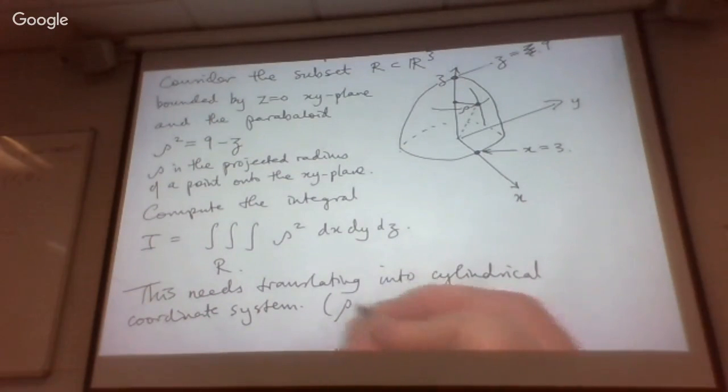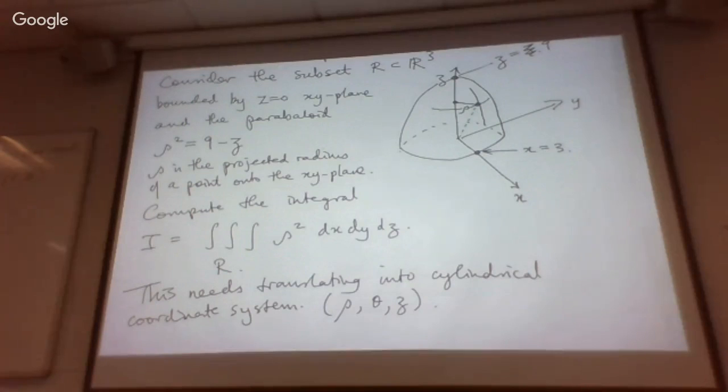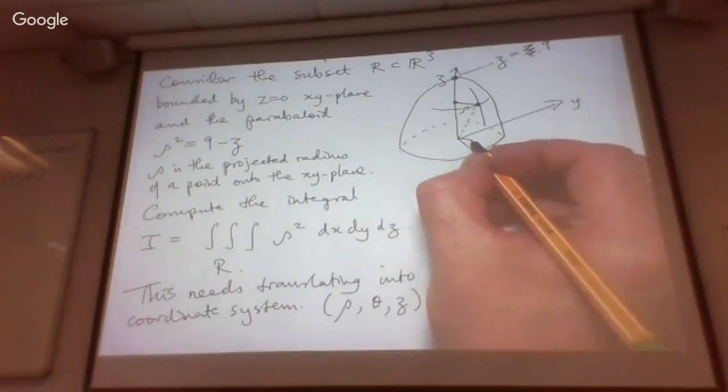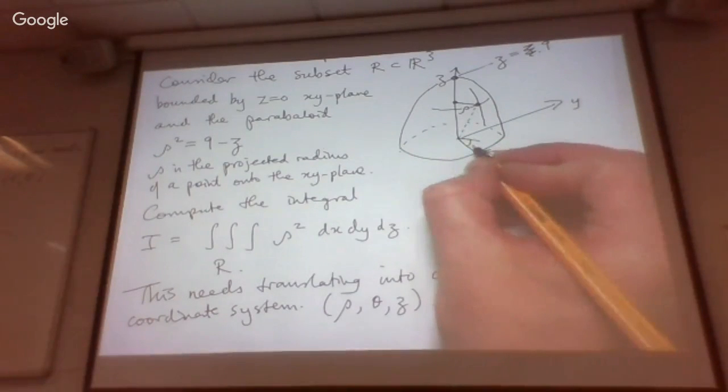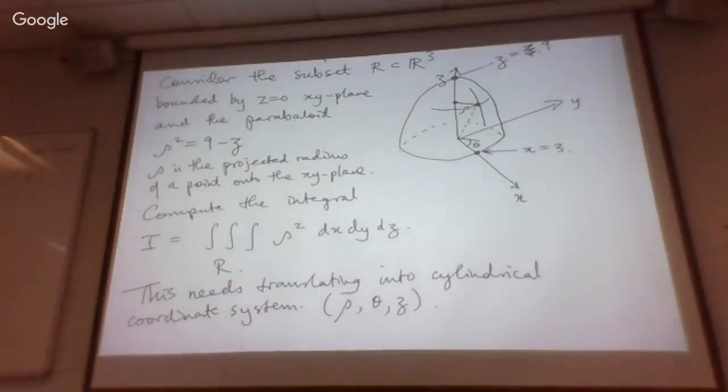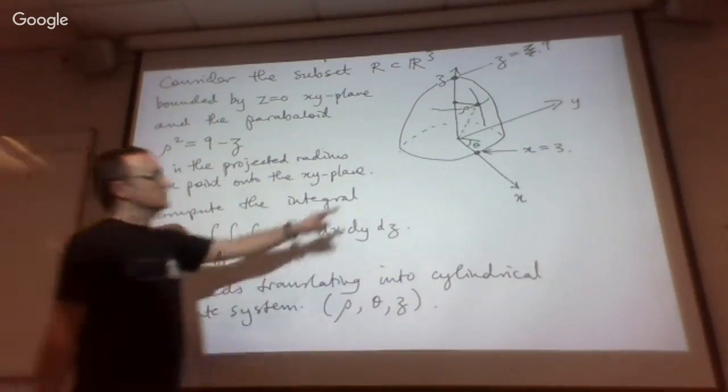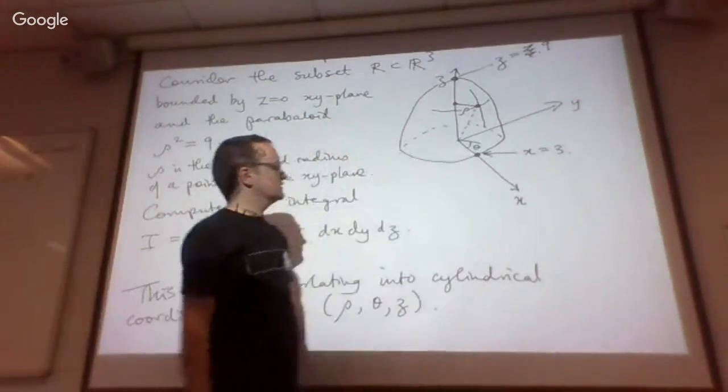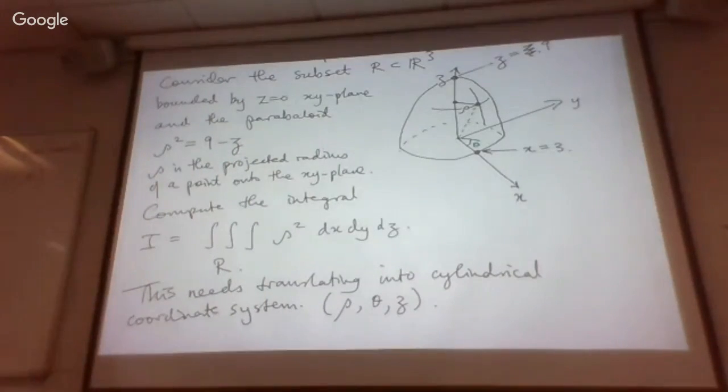The cylindrical coordinate system was rho, theta, z. For theta, you look at the projected radius down onto the xy plane. Theta is the angle that the projected radius makes with the positive x-axis.